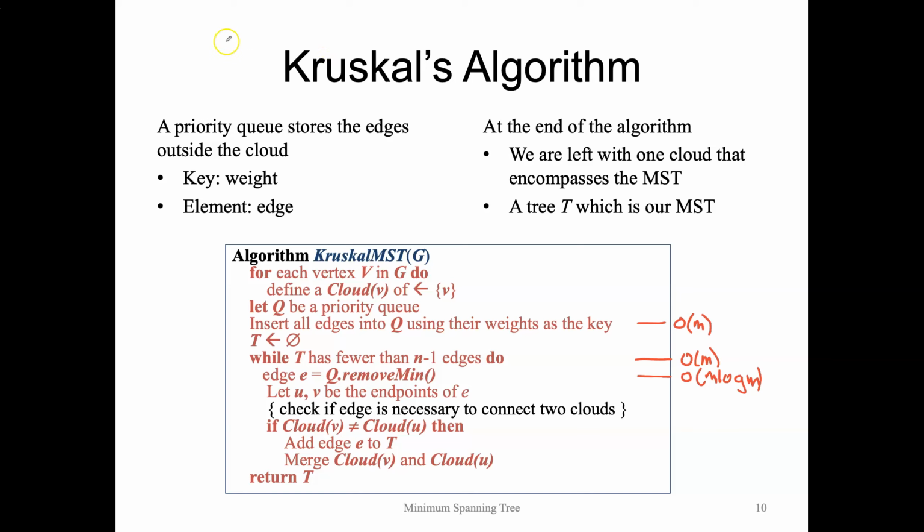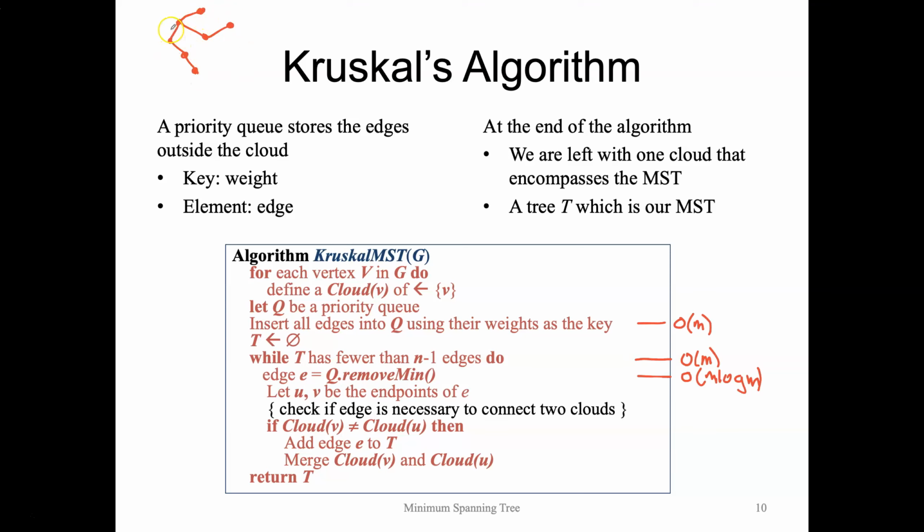Prim's algorithm does so by starting at some vertex and building its way out from that starting vertex, building one entire spanning tree from that starting point and then adding vertices.